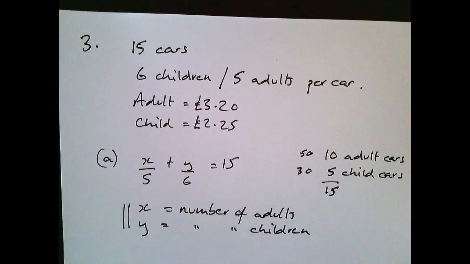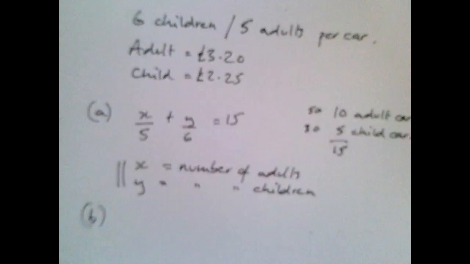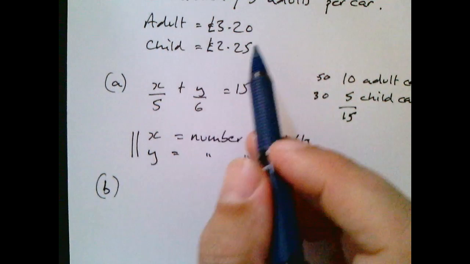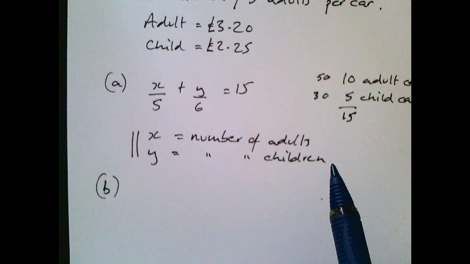Okay, part B. Trying to get better at keeping this on the screen. Write down a second equation involving x and y. Well, we can use the money that's spent.